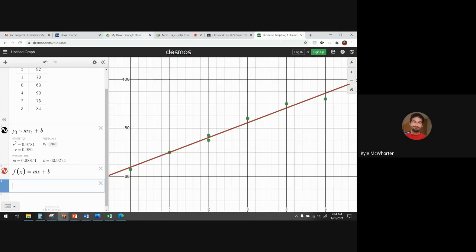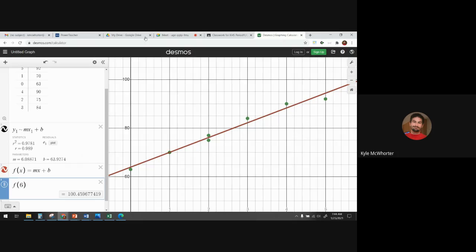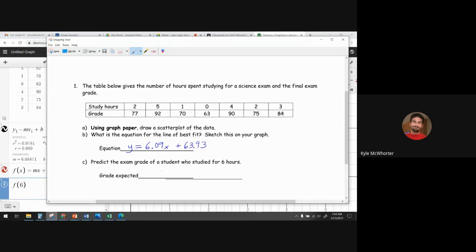Then I want to find the function when x is 6, so f of 6. That person should get 100% based on our function here. They actually get 100.5%.